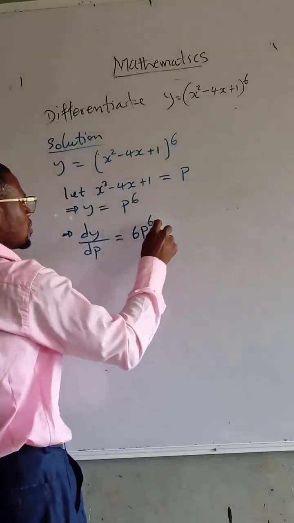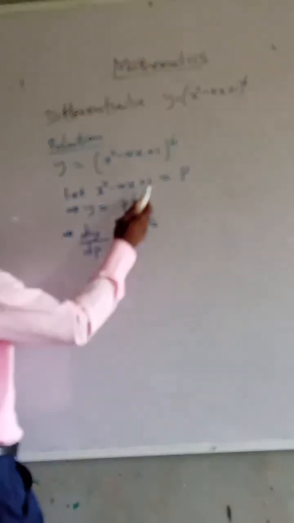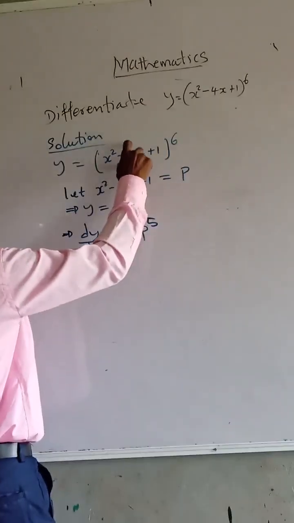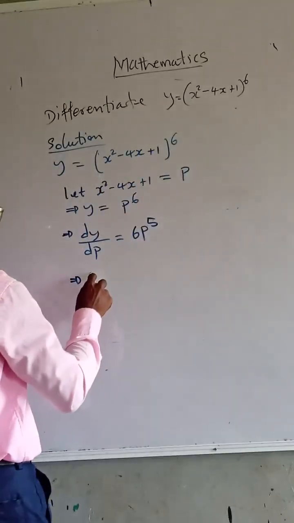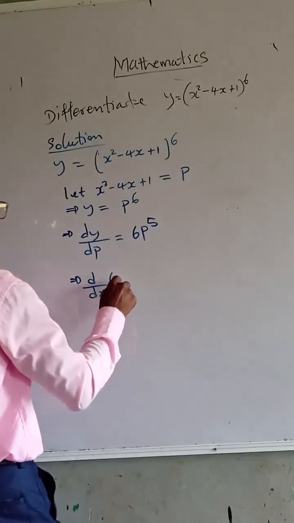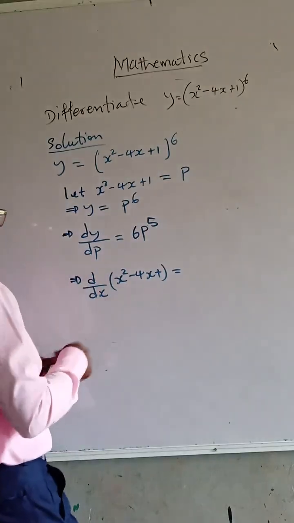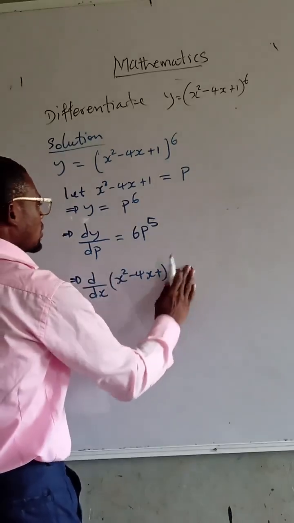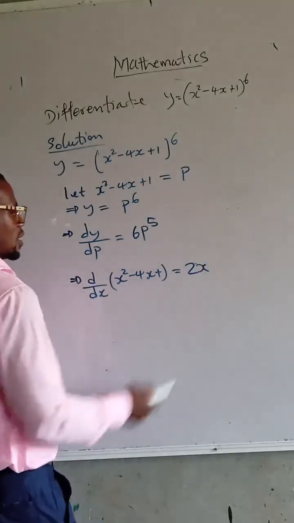The next thing is to differentiate the term inside the bracket, d over ds of s² − 4s + 1. Same as what I did here: I bring the 2 down, 2 minus 1 is 1, so we have 2s.